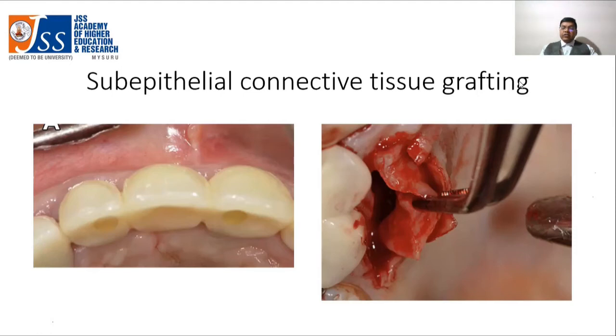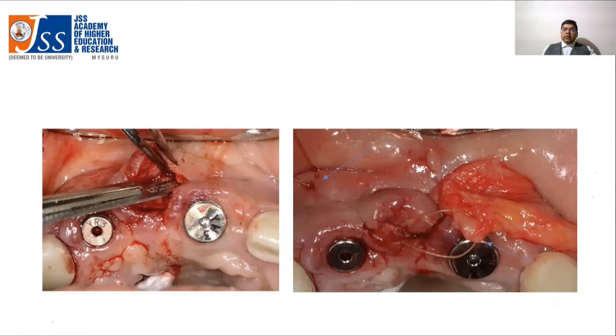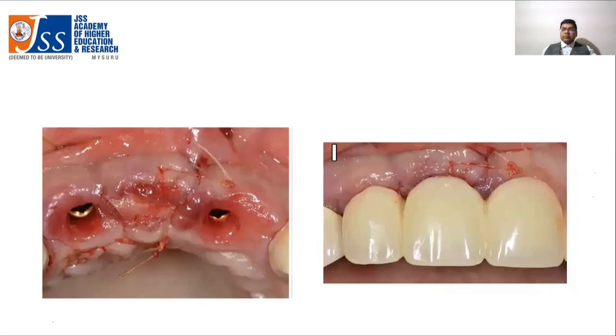In this picture, we see there is deficient bulk of the soft tissue around the right central incisor, and subepithelial connective tissue graft is being harvested from the palatal aspect. As you can see here, a partial thickness flap is raised and a pouch is being created, and the connective tissue is placed inside the pouch and sutured.